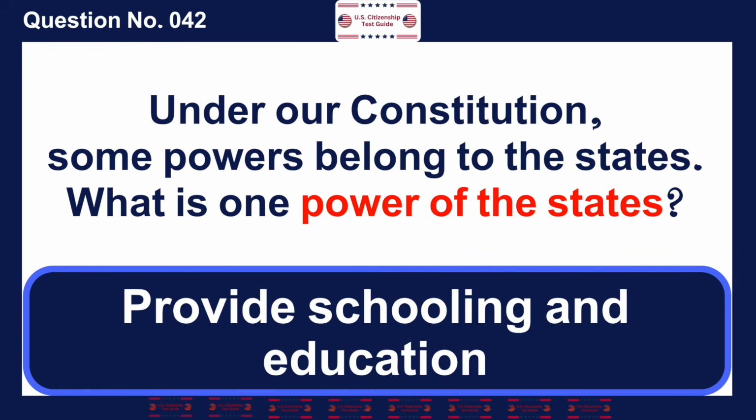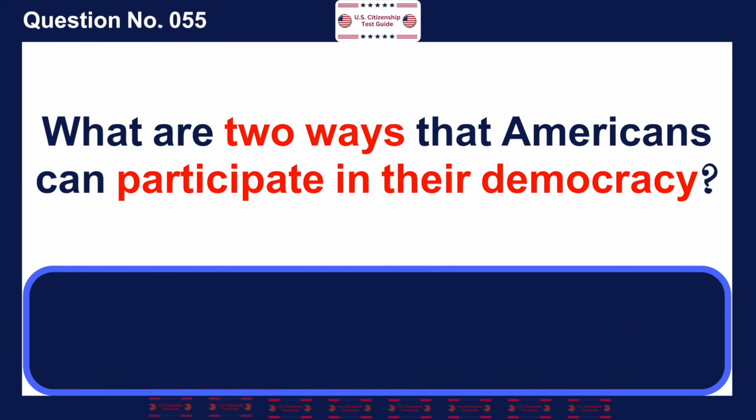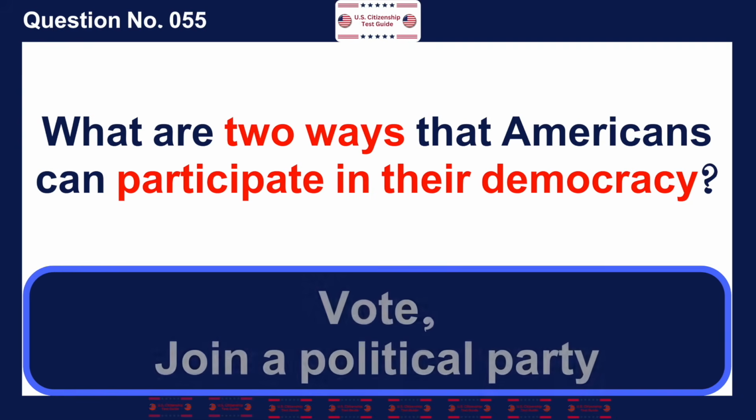Provide schooling and education. What are 2 ways that Americans can participate in their democracy? Vote. Join a political party.